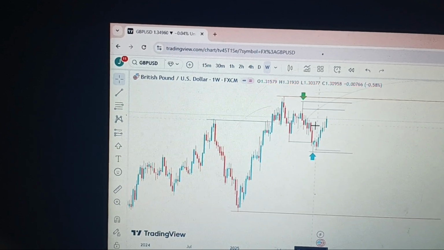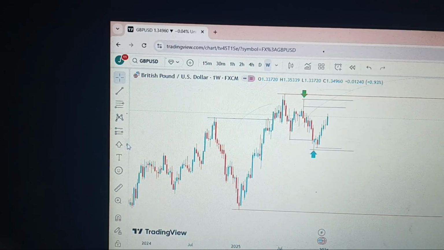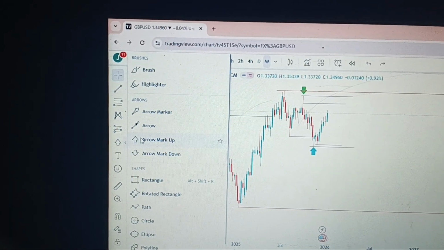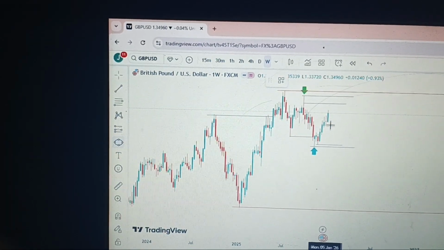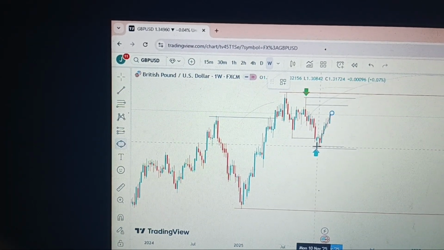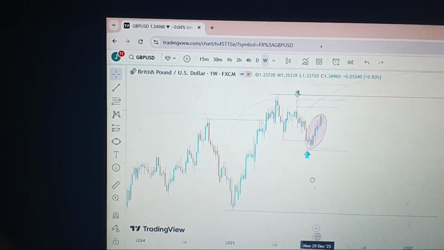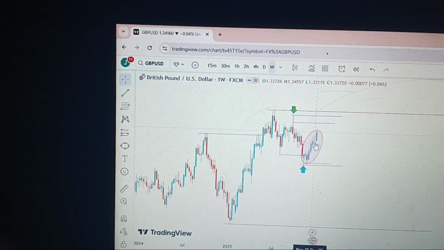But we don't want to wait for weeks of price action. We want to focus on this move here. We want to focus on this leg here. This is the leg that we want to focus on, this move, because this is weeks of price action.